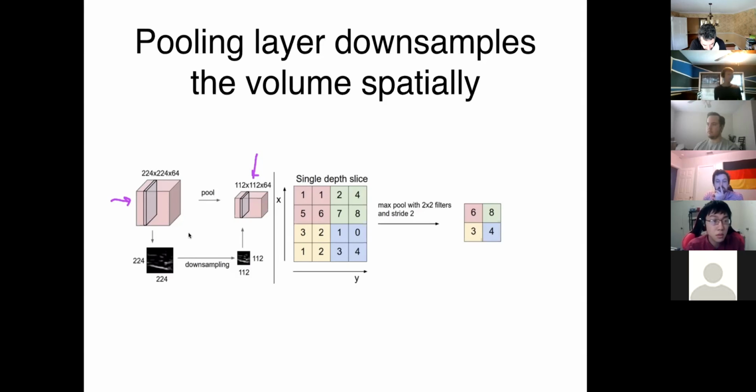Again, the depth is preserved: the depth you had previously for your input is 64, and you use 64 kernels to go over your input and produce your output. So you have the same depth as a result, but the size of your output has changed as a result of this pooling, right?